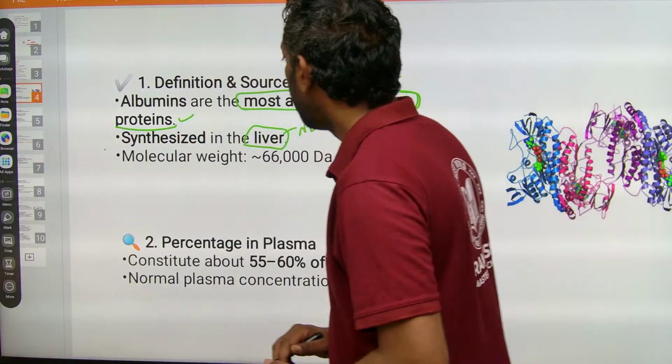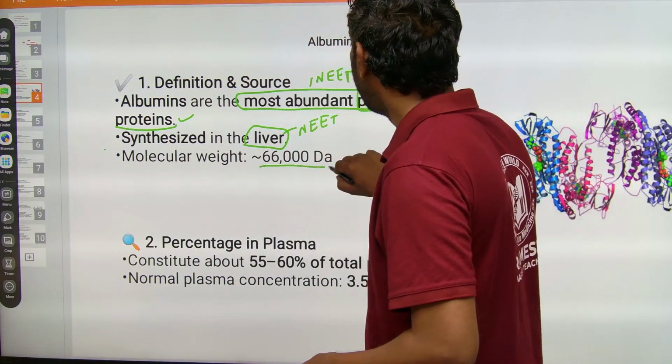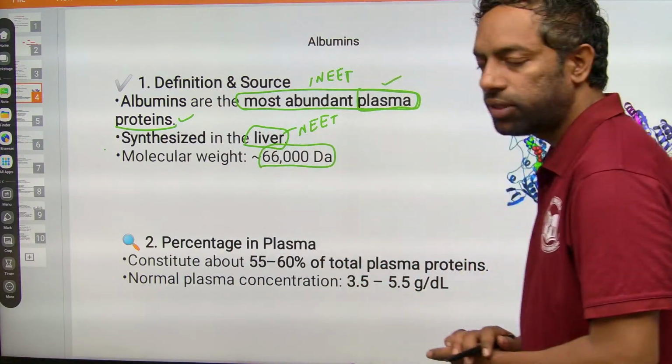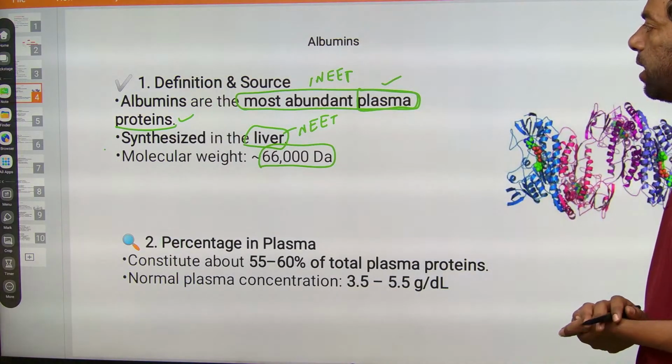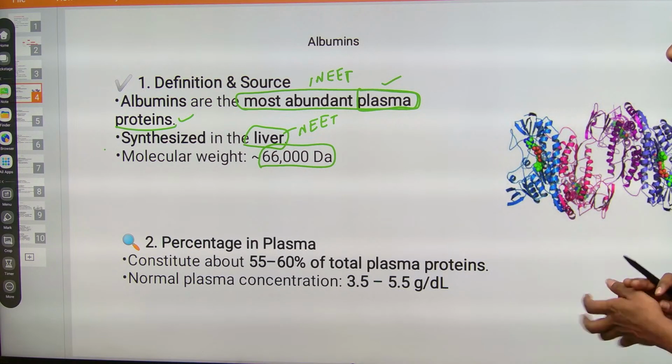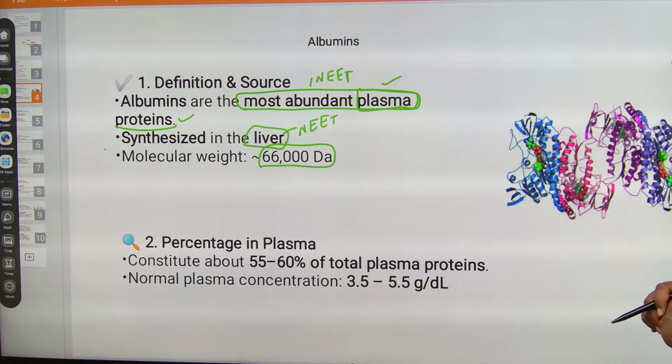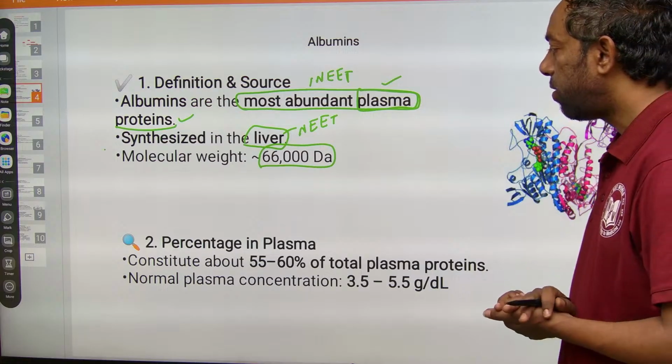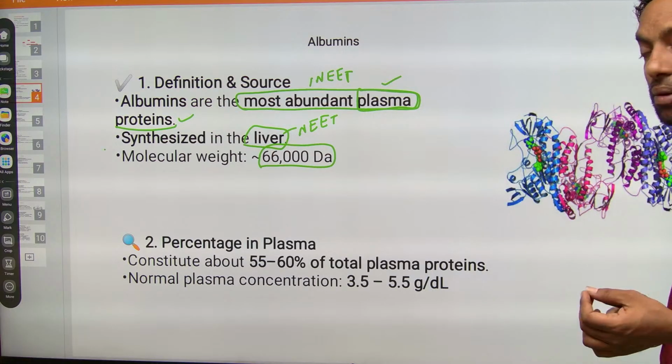Its molecular weight is 66,000 Dalton. Here you have to be careful for NEET. It is the most abundant plasma protein and is synthesized by the liver. These are the two important points for NEET. Percentage in the plasma, how much is the percentage?